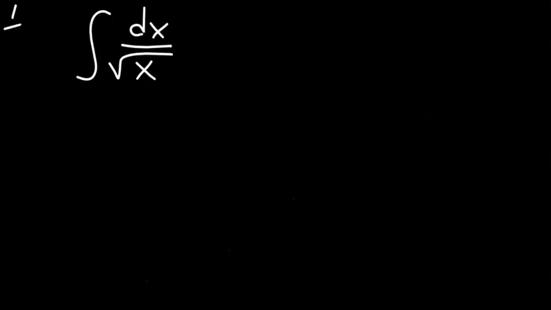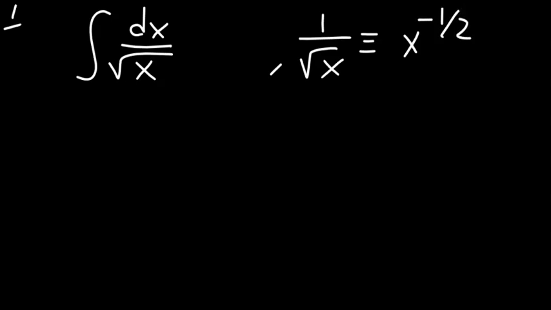Let's do the following example. The integrand is 1 over square root x. Now, 1 over square root x is just x to the power minus half. So what you're integrating is x to the power minus half with respect to x.